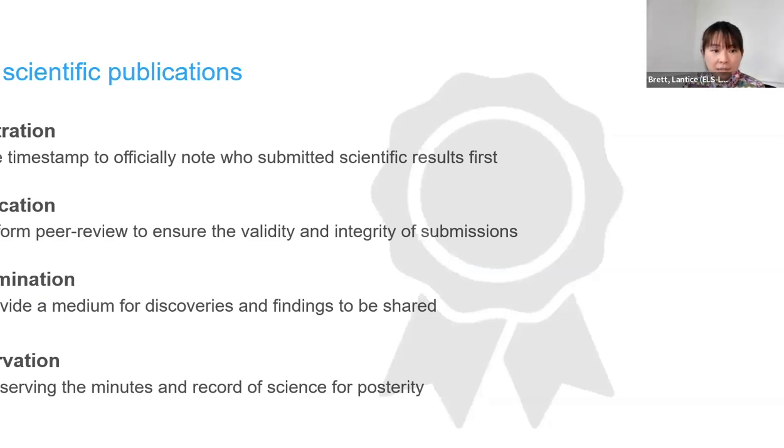It disseminates those discoveries and findings to be shared with the broader scientific community. Finally, it preserves the minutes and record for posterity. These original four roles of the publisher have endured for over 300 years to the present day. Although we may have used different methods to carry out these roles, they remain fundamentally unchanged.